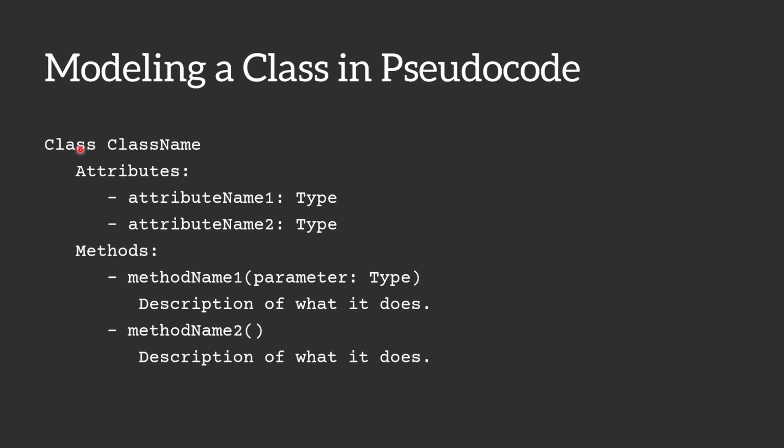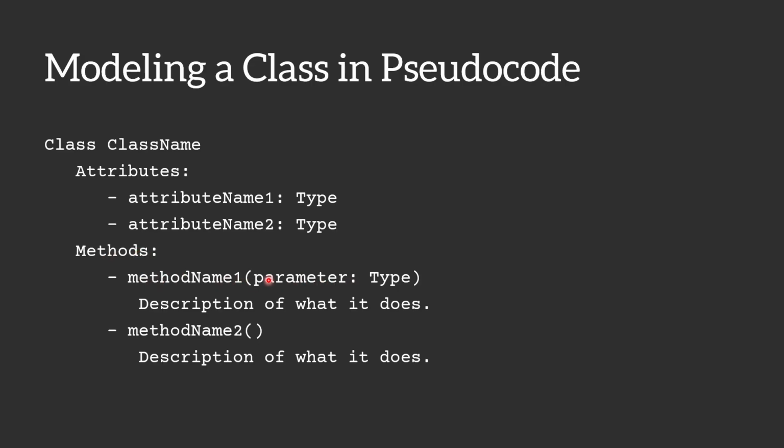The keyword class, and then whatever the class name is. Then the attributes: you'll list the different attributes, colon, and then what data type it is. And then you'll use the word methods, and then whatever the method name is.